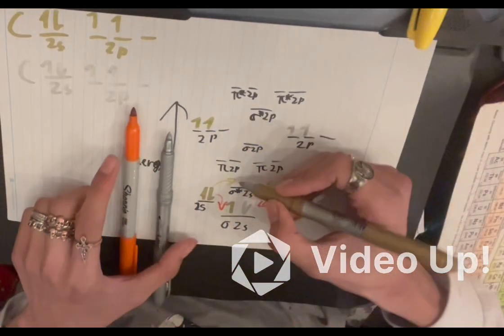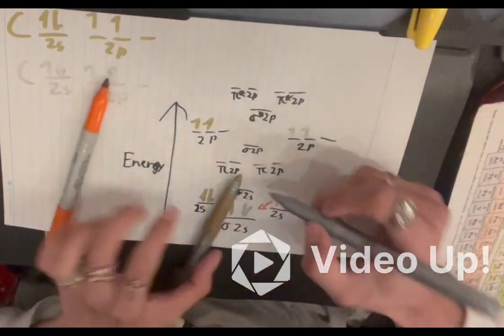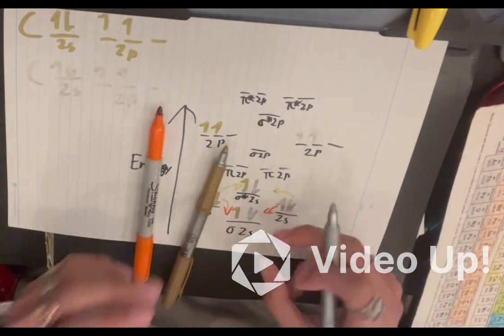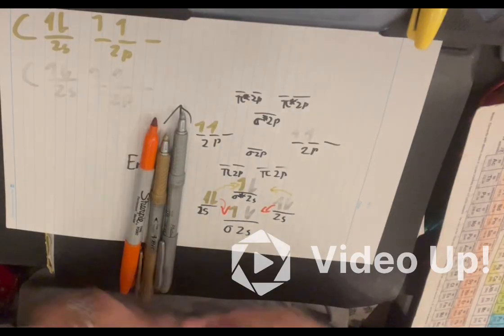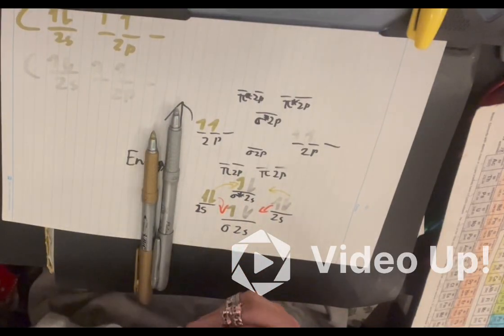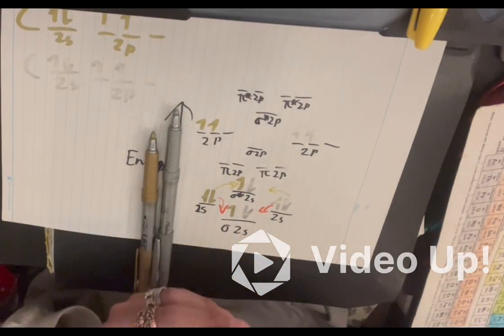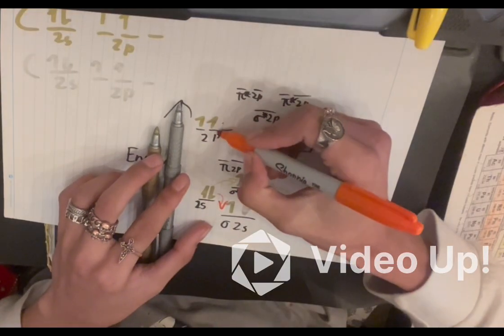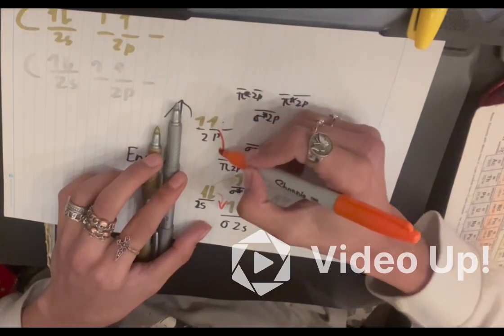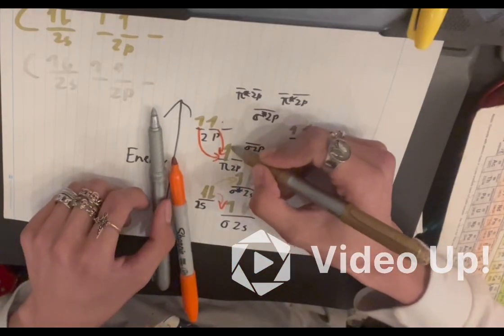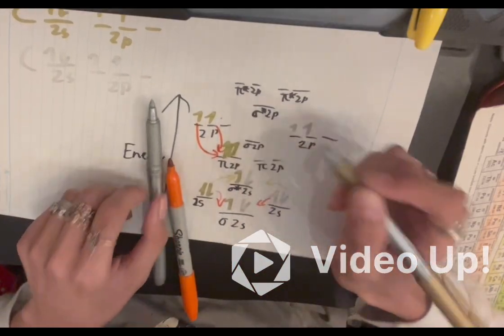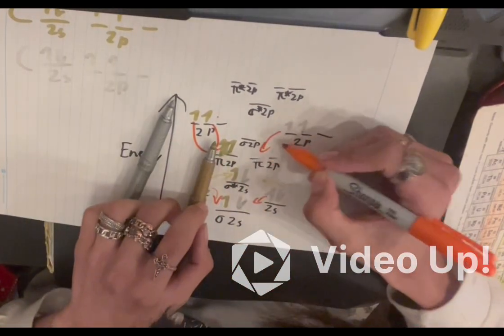I'm going to leave that there. And when they do that, now they're antibonding and bonding, and it's going to kind of cancel out. So next, these here are going to fill up this one and this one. And then this one's going to do the same thing, right here, right here.